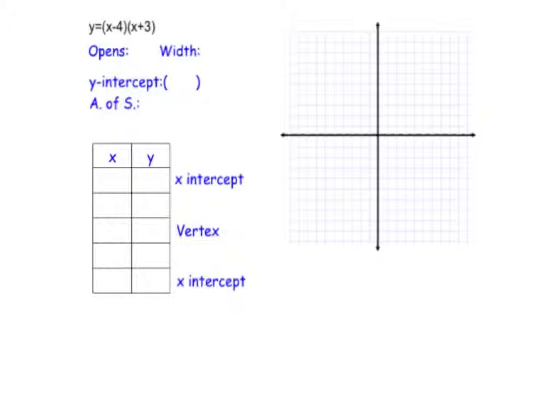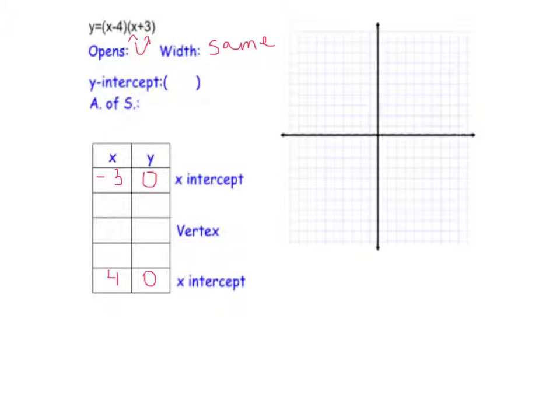To graph this parabola from intercept form, again we decide if it opens up or down. Since a is positive 1, it opens up, and the width is going to be the same as y equals x squared. The next thing we do is fill in the table with the x-intercepts, where y is going to be 0. So one of them is 4, the other one is negative 3.